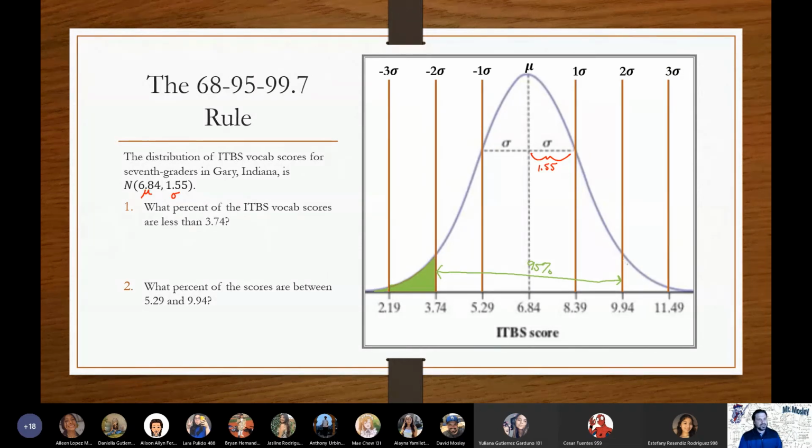So between the right side of the 95 and the left side of the 95, they equally share the 5%. That means this area less than 3.74 represents half of 5%, or 2.5% of my data.